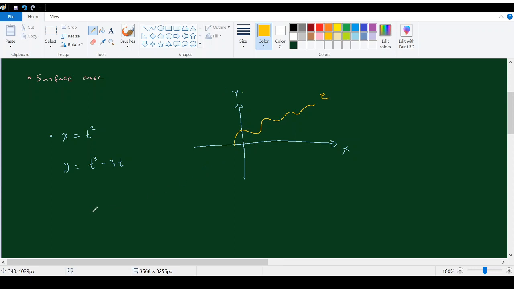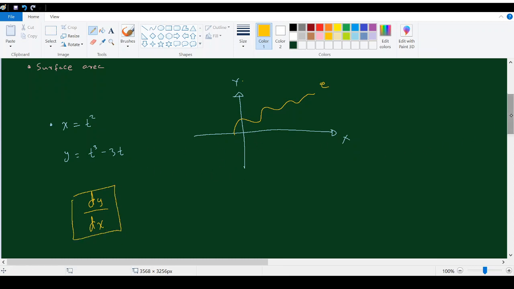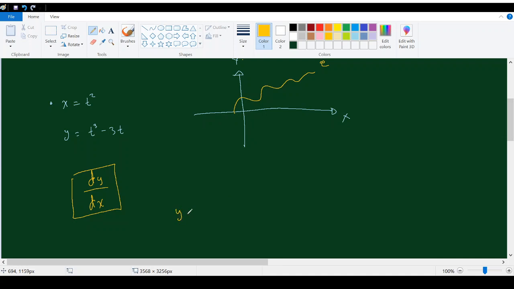That is, we need to find dy by dx for this curve. Because if they had given a direct relationship between x and y, then from this equation we could directly compute dy by dx.